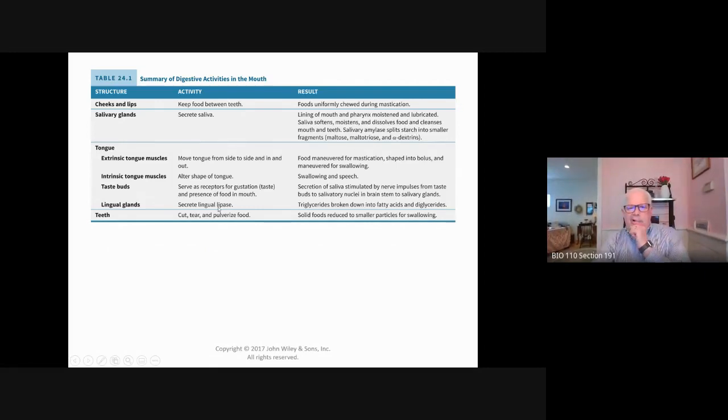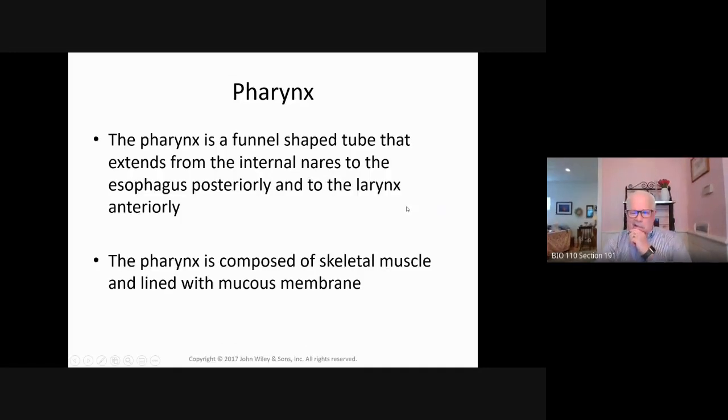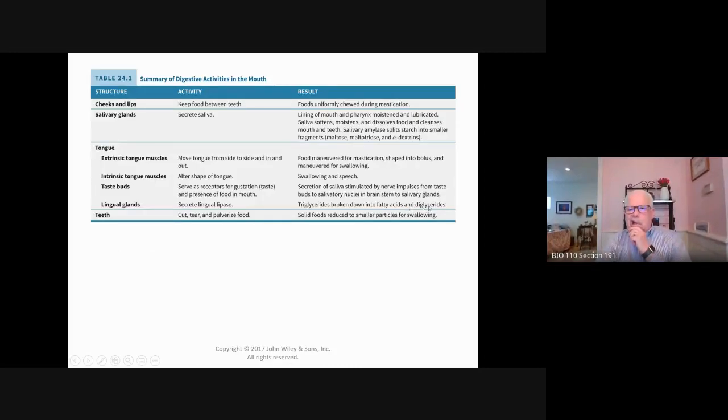And then you have the lingual glands, which secrete lipase. Lipase attacks fat, otherwise known as cholesterol and triglycerides, and it's broken down into fatty acids and glycerol or diglycerides. All right?